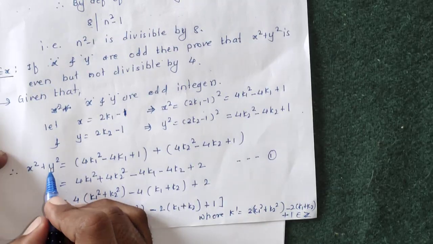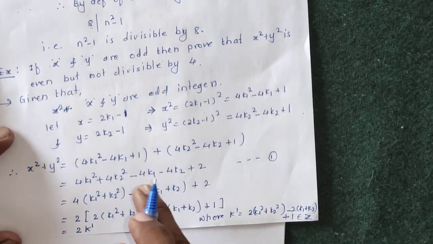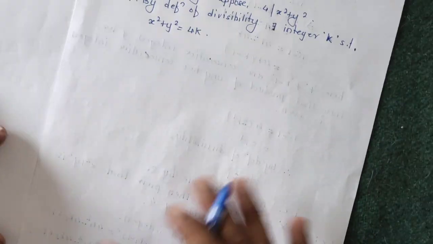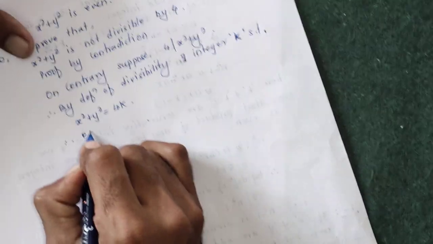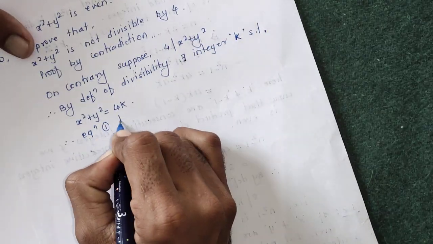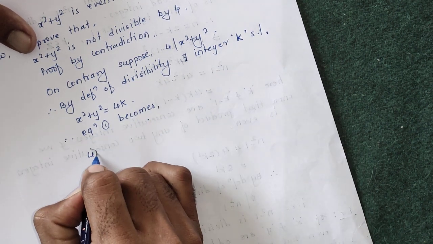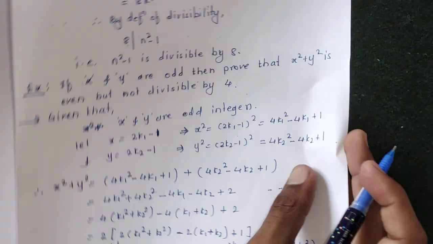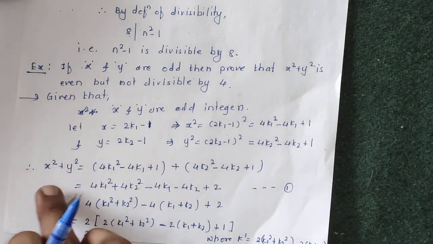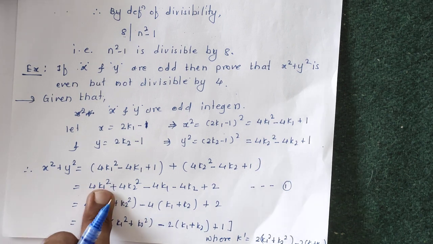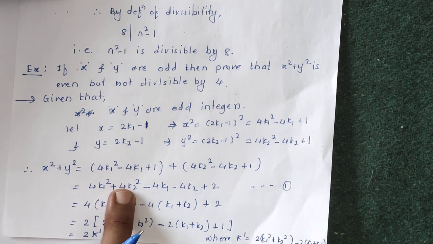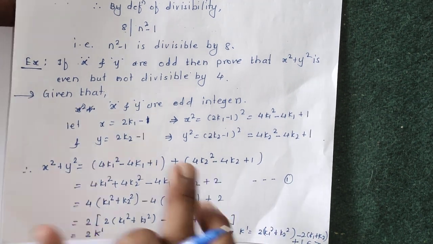Putting the value of x square plus y square equal to 4k in equation 1, this equation becomes 4k is equal to 4k1 square plus 4k2 square minus 4k1 minus 4k2 plus 2.